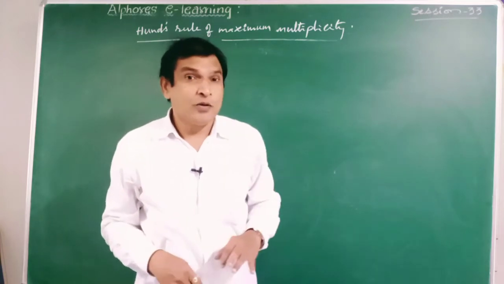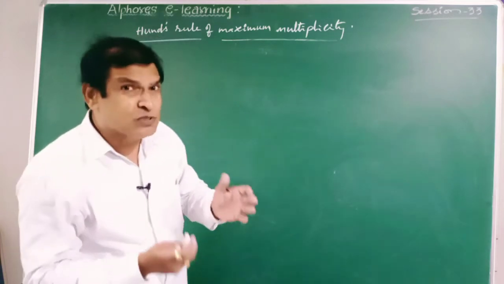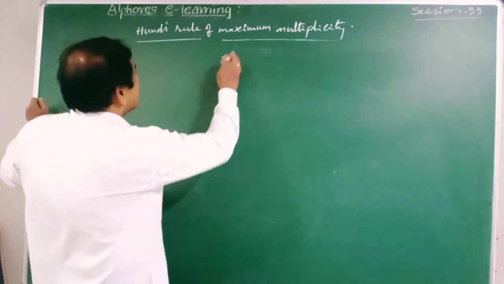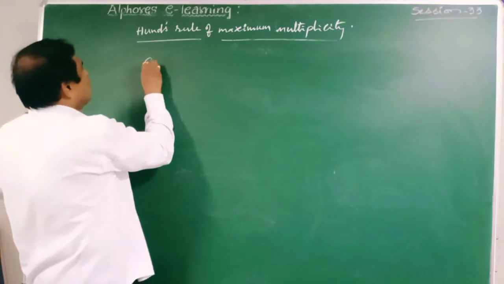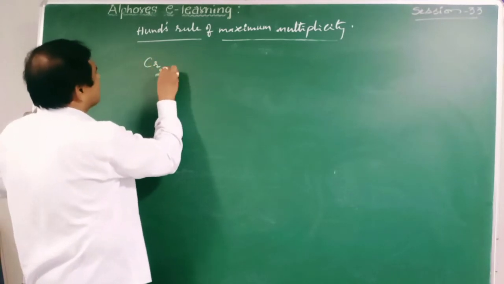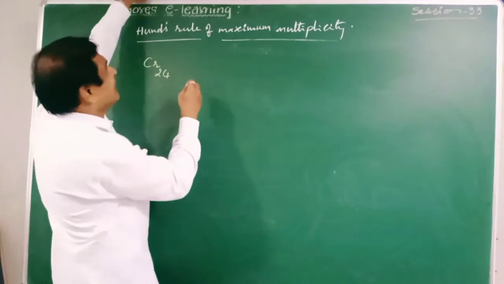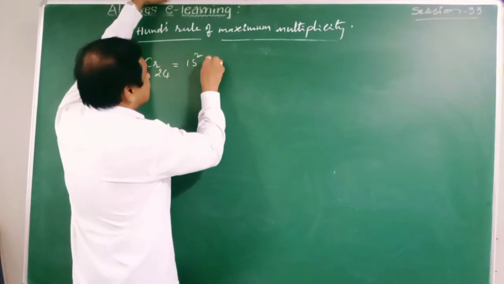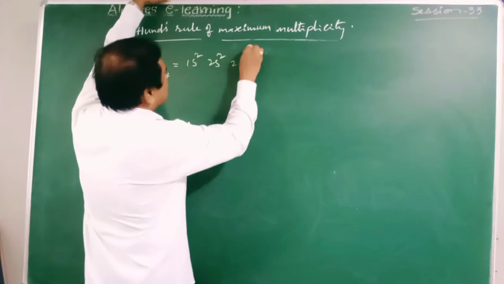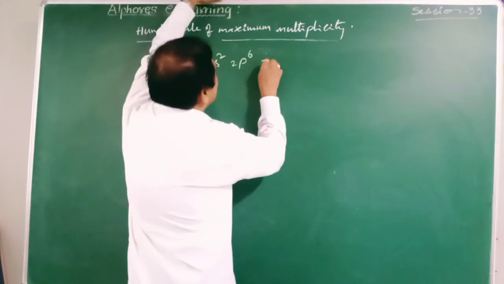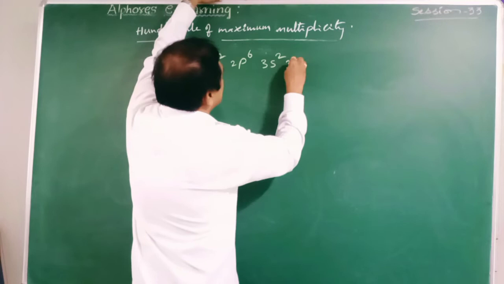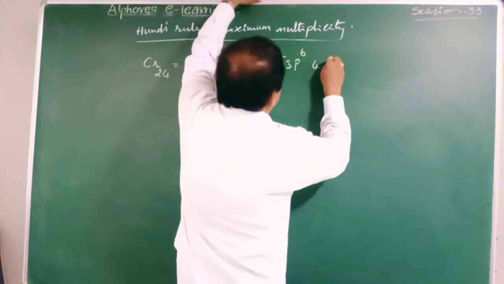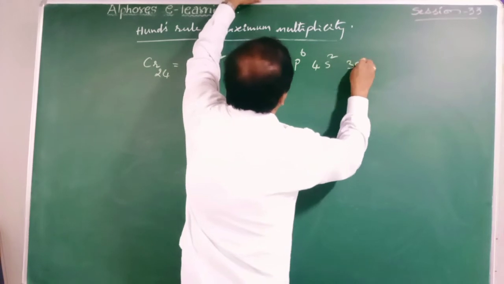Now the same concept is also applicable to other elements like chromium, atomic number 24. The normal electron configuration of chromium becomes 1s2, 2s2, 2p6, 3s2, 3p6, 4s2, 3d4.